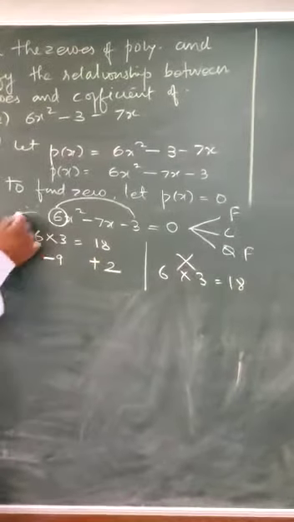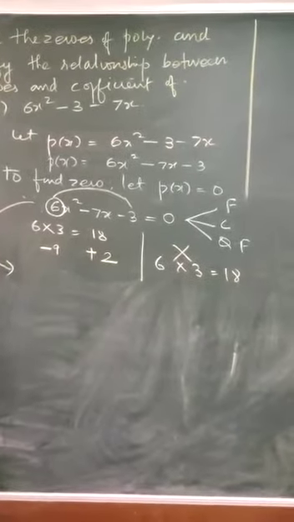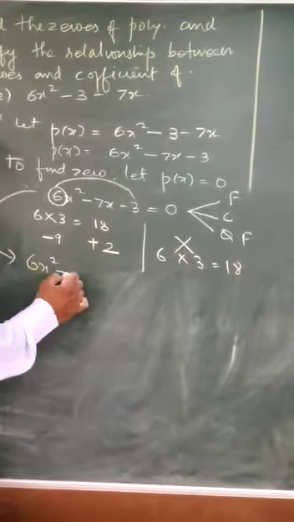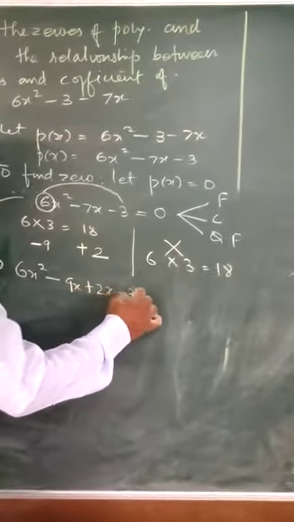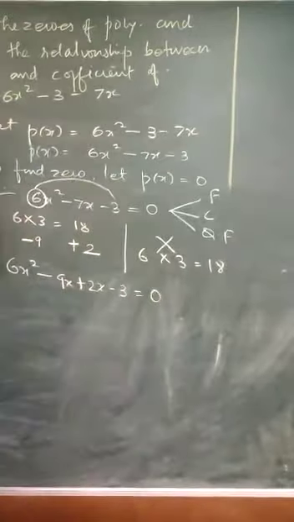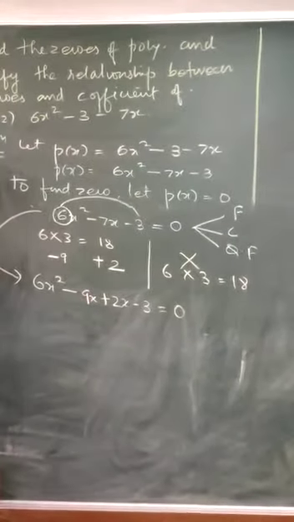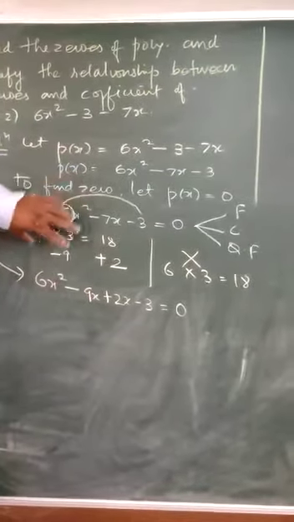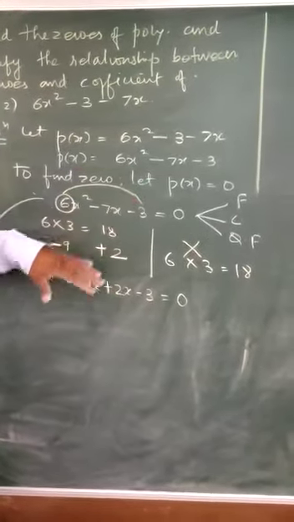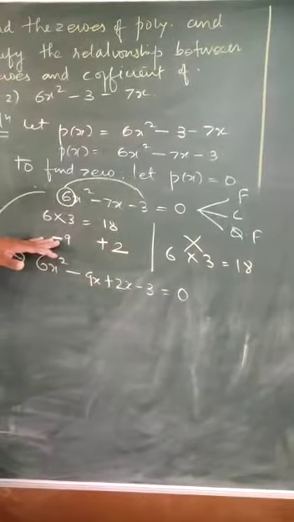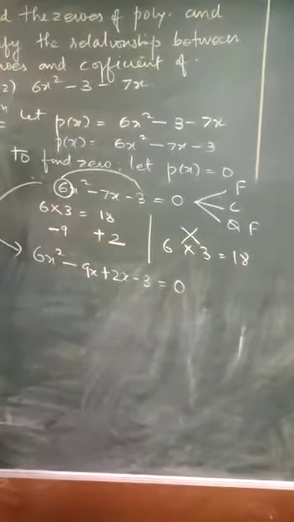So this quadratic equation becomes 6x square minus 9x plus 2x minus 3 is equal to 0. As we have discussed before, the first term remains as it is, the constant term remains as it is, and only the middle term has to be split into minus 9 and plus 2.